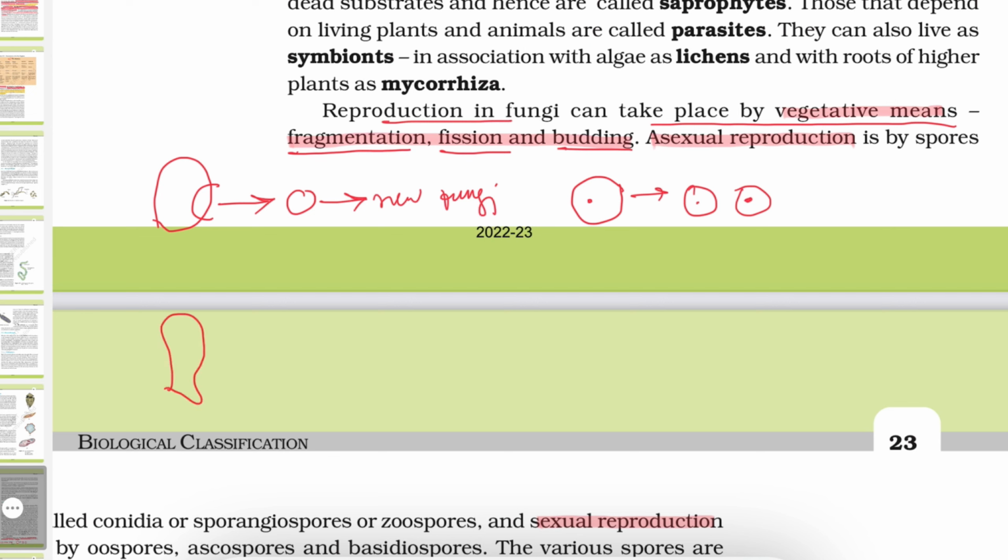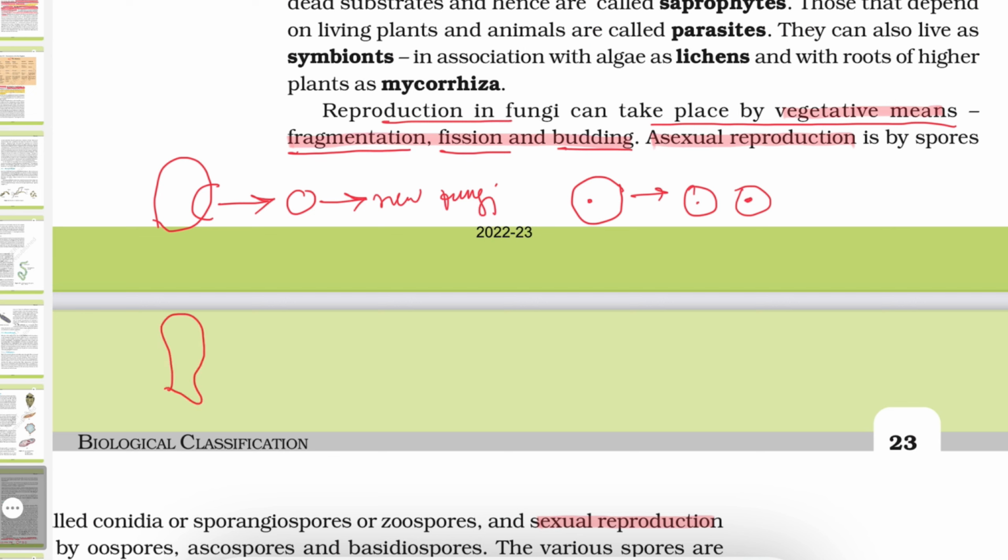Now the names of the spores are very important, guys. These various spores, these asexual as well as sexual spores, are produced in distinct structures that are called fruiting bodies. Now what are fruiting bodies? If this is the body of the fungi, from the body of the fungi there will be outgrowths like this.